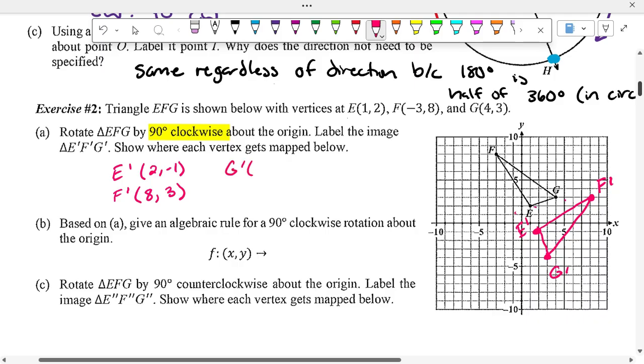And G prime is at 3, -4. So here's my question to you. Based off of those points, what do you think my rule is for going clockwise about the origin 90 degrees?